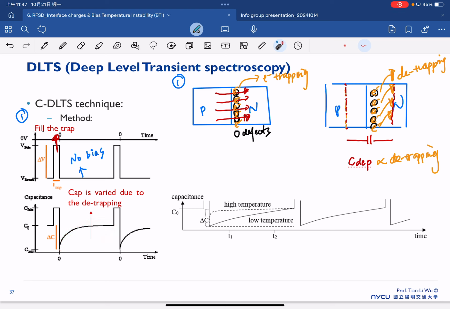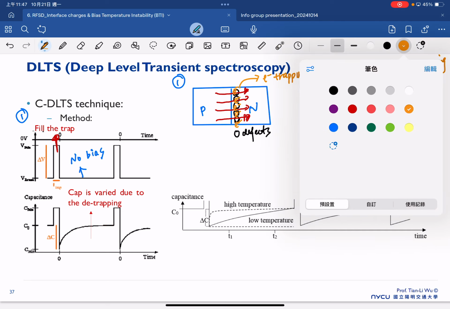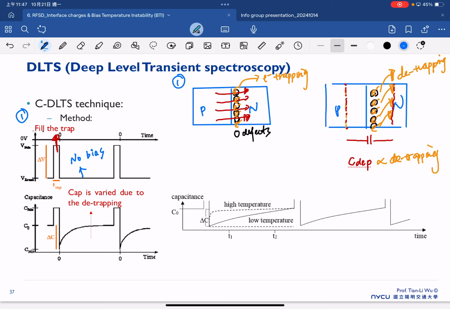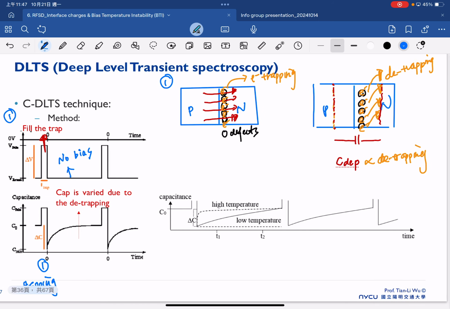So the capacitance will gradually change here. So now the idea for the DLTS can be simply considered as two phases. In the first phase, we intentionally induce a trapping effect. In the second phase, we let the device have detrapping.